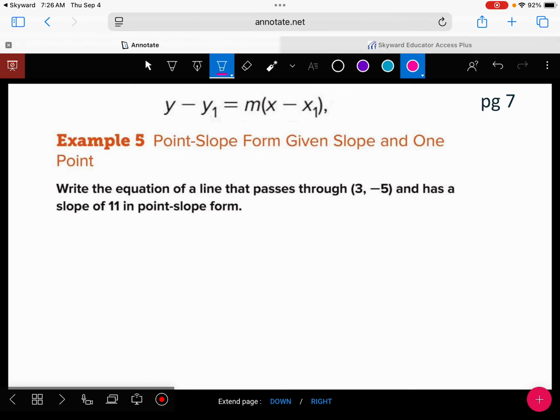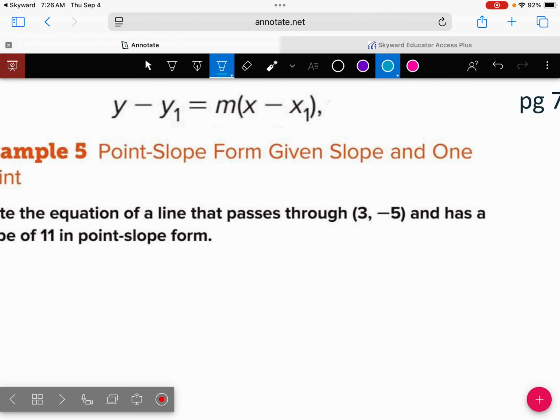So we're going to take our equation, y minus y1 equals m times x minus x1. The x and y that don't have the little numbers will be in our equation. Just like we have our y equals mx plus b stuff, and we get like y equals 2x plus 4, there's a y and an x still there. In point slope form, there's going to be a y and an x still there, and it's the ones that don't have the little bitty numbers.